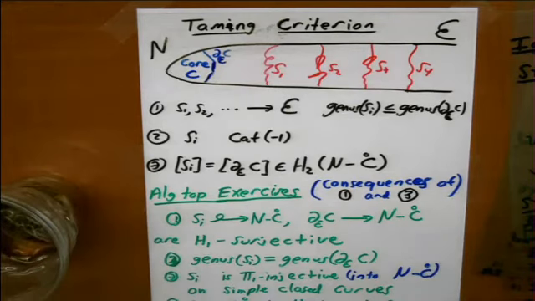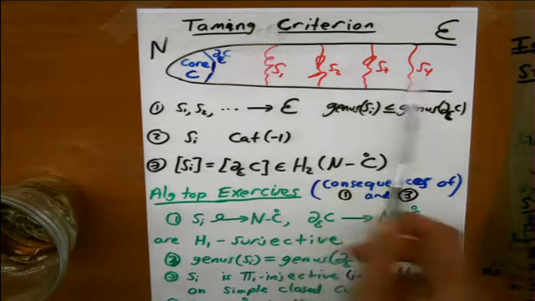Notice that this is very similar to Thurston's tameness criterion. You have the exiting surfaces, and being homotopic to this base surface implies that it's homologically separating.